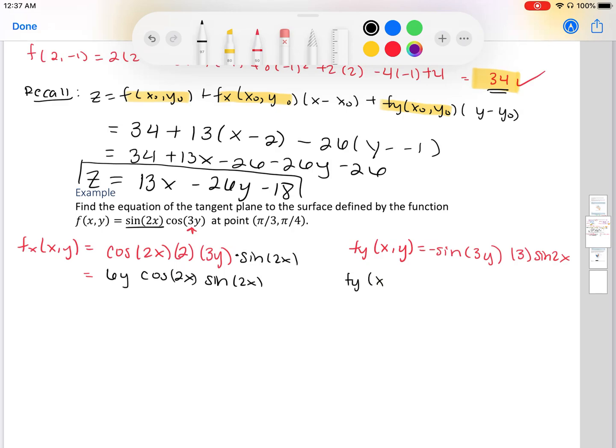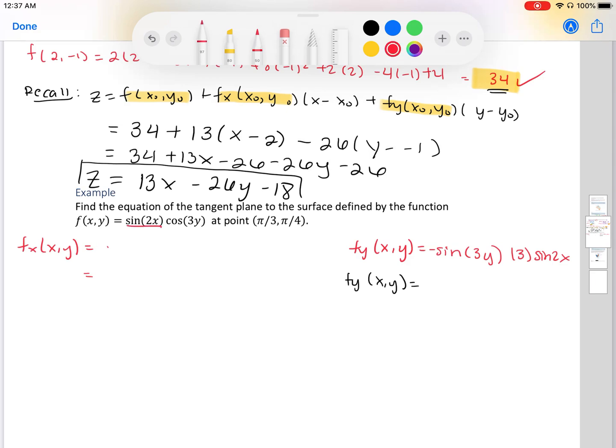f sub y of x comma y, we have... I did that first derivative incorrectly. Let me do it again. Derivative in terms of x, we have that.